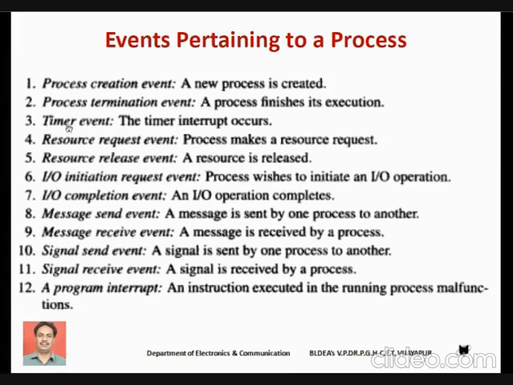Similarly, we have message send event, message receive event indicating that the process is sending or receiving a message. Then we have signal send event. So actually these signals are something like system calls. So the operating system will also have some instructions which are executed by the operating system itself.